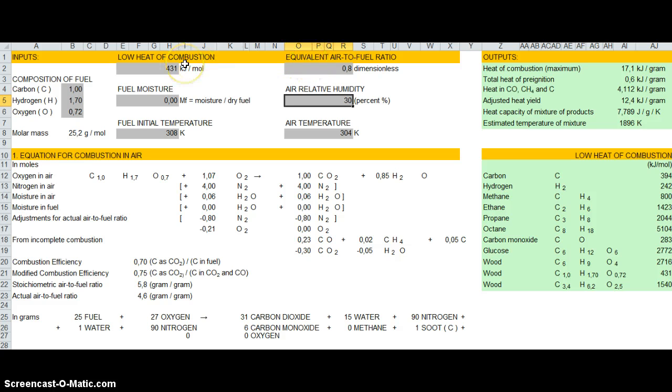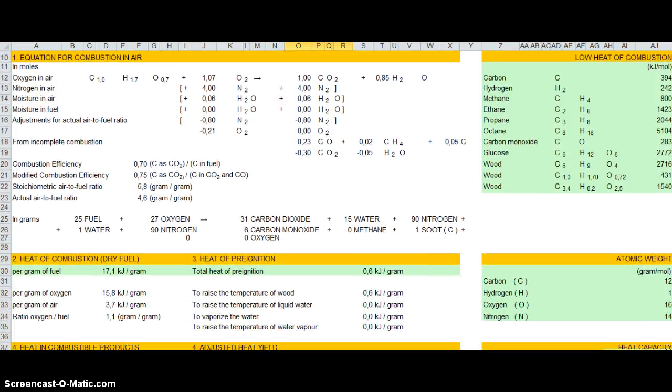So now we have, let's say, all the possibilities, and we know how these inputs can be used to generate these outputs. And using the spreadsheet, you can look at some intermediate steps. So the equation of combustion in air with all the figures and all the calculations.